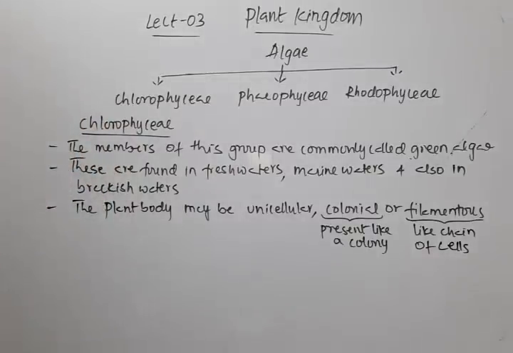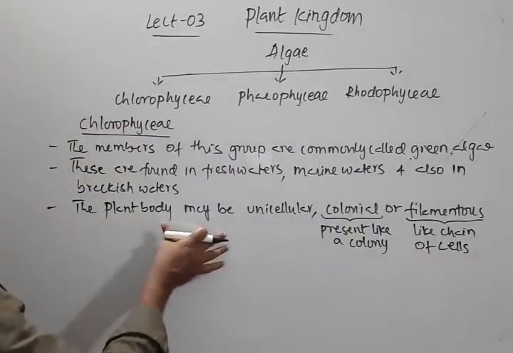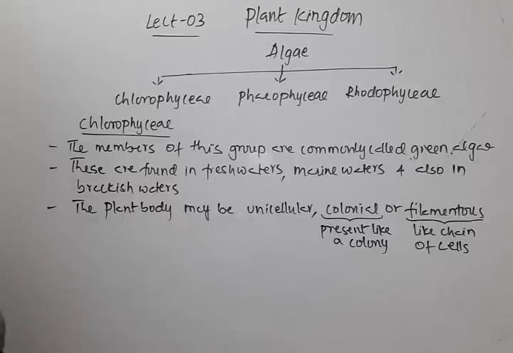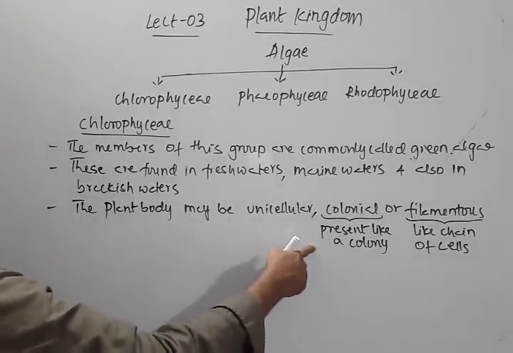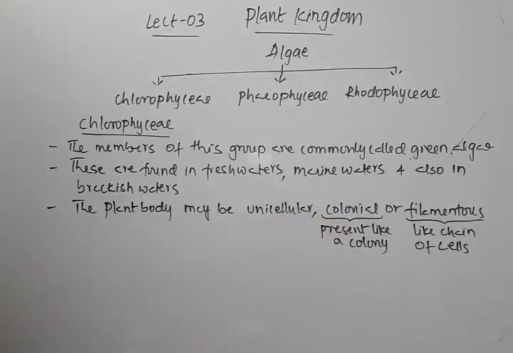So the plant body may be made up of one cell, that is unicellular, or present in a colonial form, or like a chain, called filamentous forms. These forms may be seen in this group, Chlorophyceae.